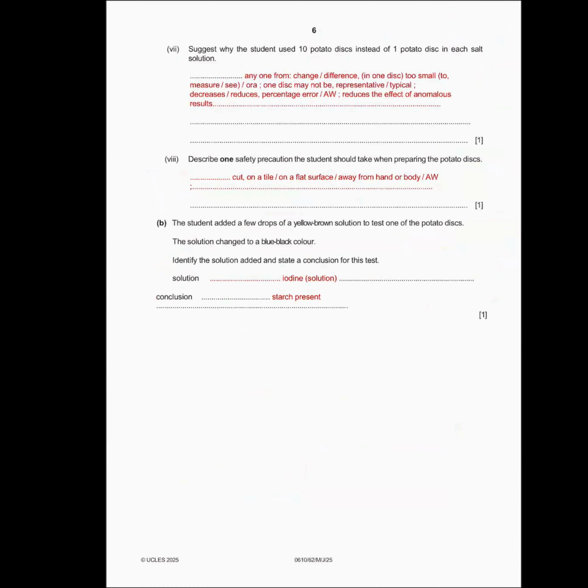Next question. Why did the student use 10 potato discs? A very important tip I'm giving you in paper 6. Once he is asking why on a method or on a result, just give him directly: reduce anomalous result.